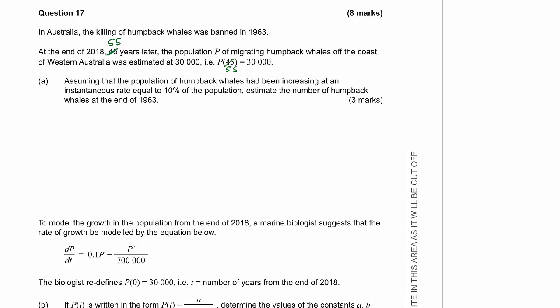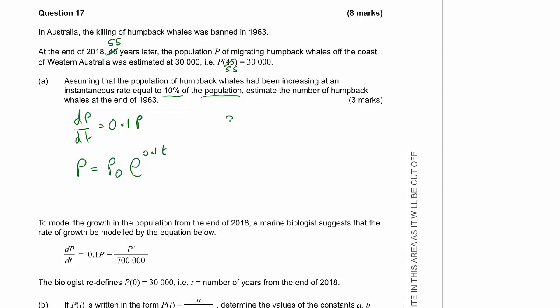So the information they give us here is that dP/dt is equal to 0.1P, so 10% of the population. So we know that that would have a solution P is equal to P naught e to the 0.1t.